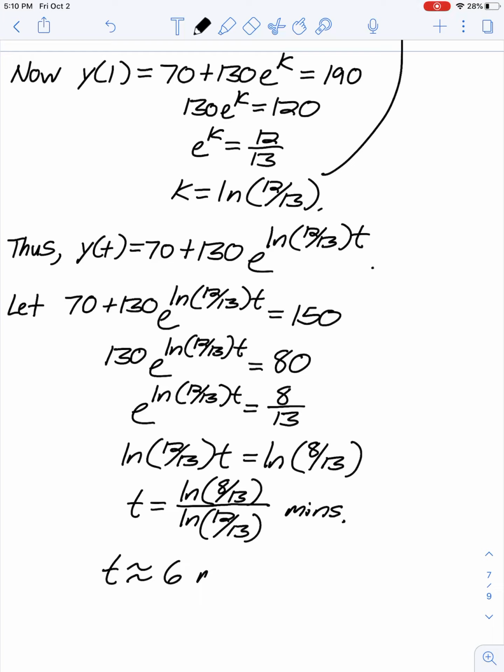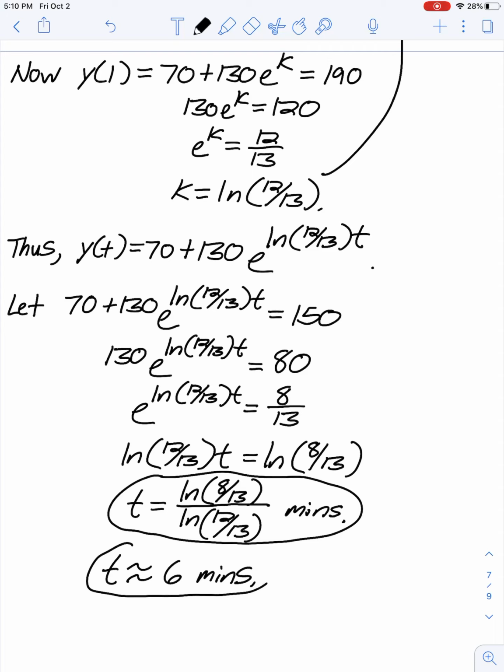And we find that this is approximately after 6 minutes. So here, if we were looking for an exact value, we would give the following expression, or if we want a more reasonable answer, say rounded to the nearest minute, we could make use of a calculator, and we find that this is approximately 6 minutes.